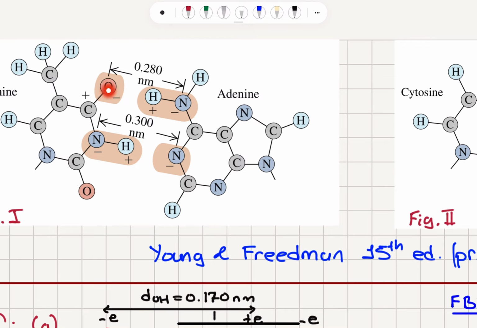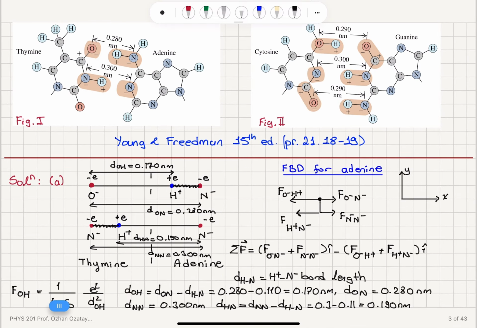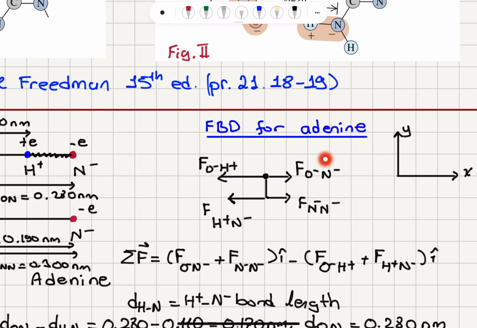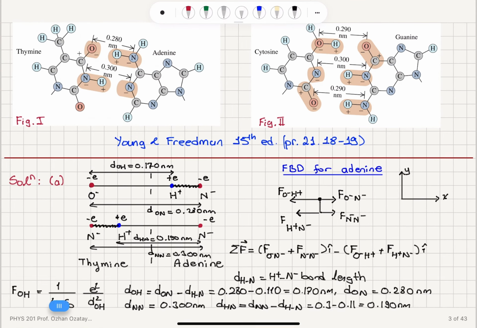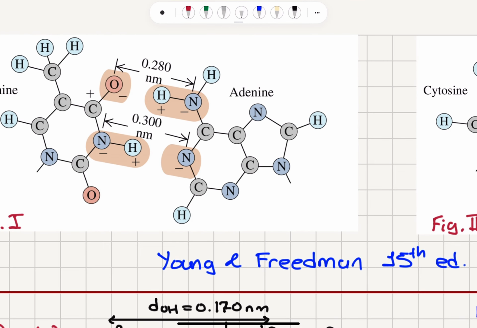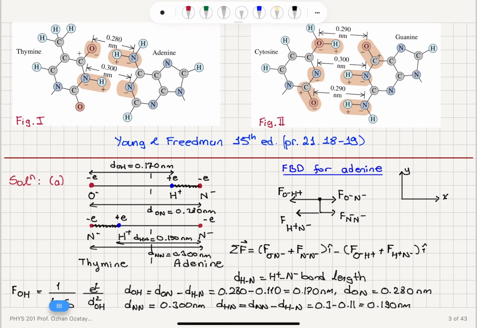This is attractive, this is repulsive, this is attractive, this is repulsive, and all of these were shown in the free body diagram here. And you can see that I have to figure out the distances between O minus and H plus and H plus and N minus, knowing that the H plus N minus bond length is 0.11 nanometers. So we did that. This is 0.17, this is 0.19 nanometers.